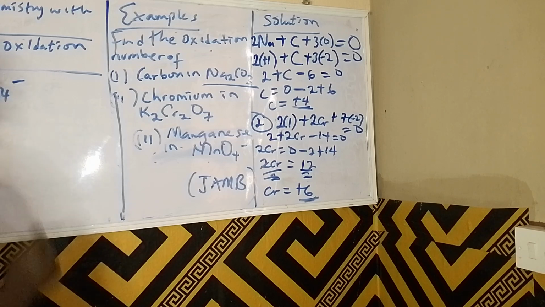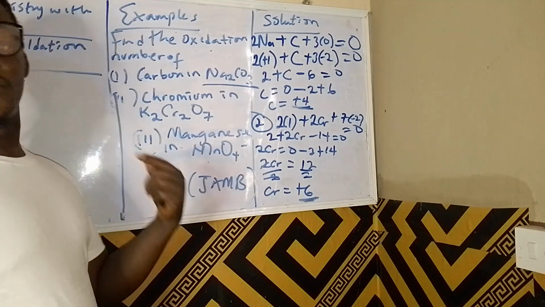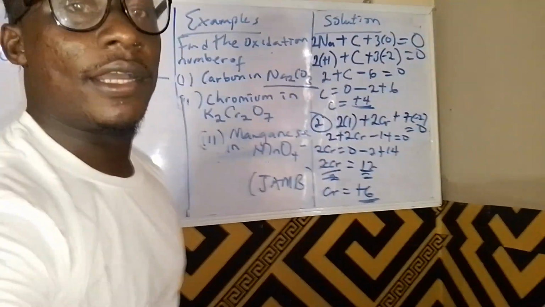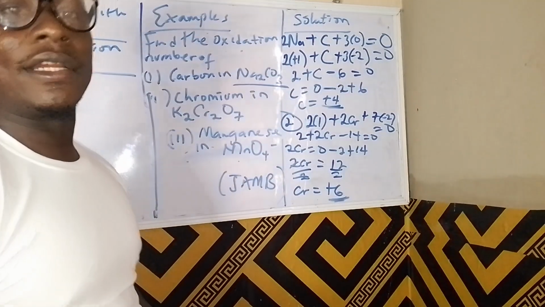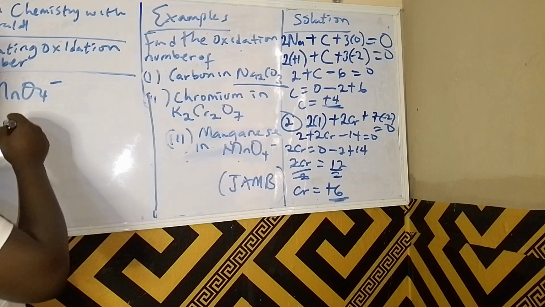So don't forget that rule 3 says that for ionic compounds the sum is equal to the charge they are carrying. If you look at that very well, we are looking for Mn here.